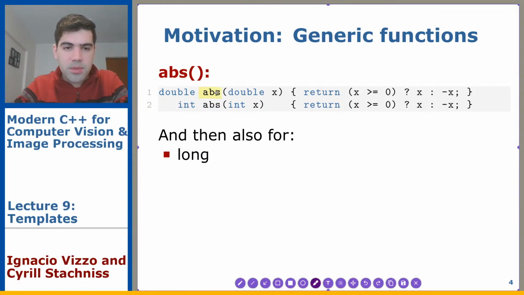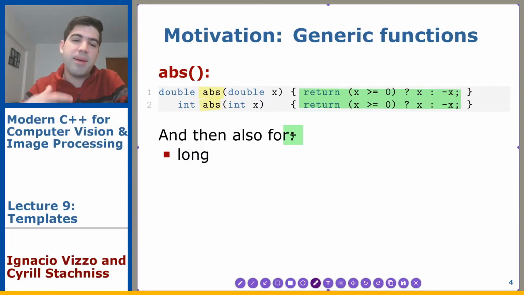So here is the absolute value, and it can take different types of data as input argument, but if you pay attention to the algorithm or the computation itself, it's actually the same, right? The good thing about this is that you can use the abs function without paying attention to the type.